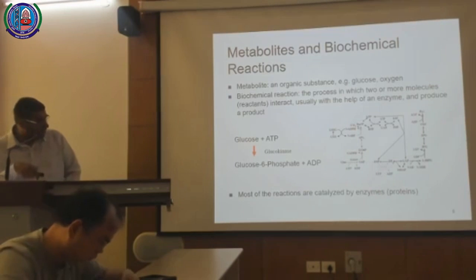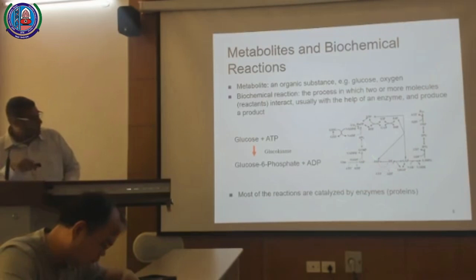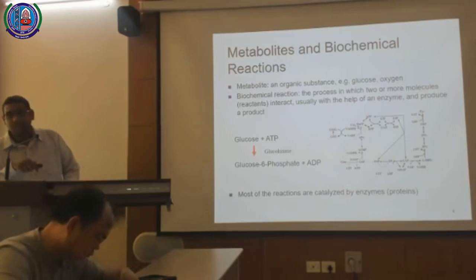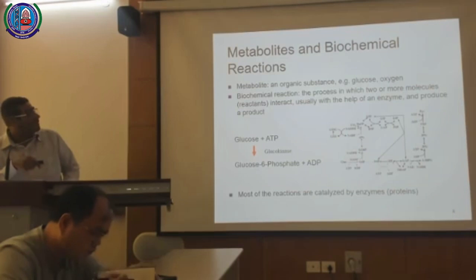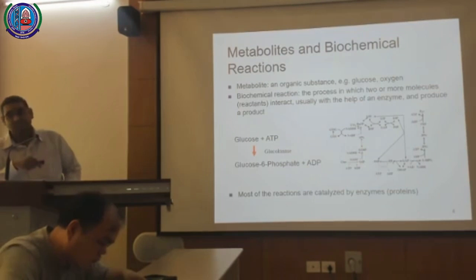Now I have made this metabolic pathway. You can see there are so many types of pathways, but biochemical reactions are the process in which two or more molecules interact, usually with the help of an enzyme, and produce a product. So that is a very simple terminology for metabolic or biochemical reactions.